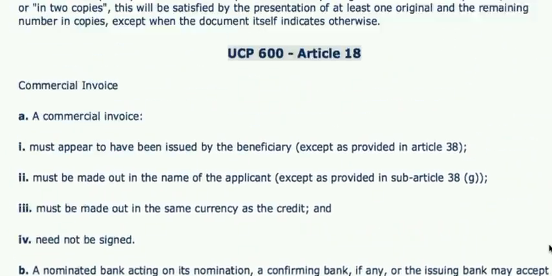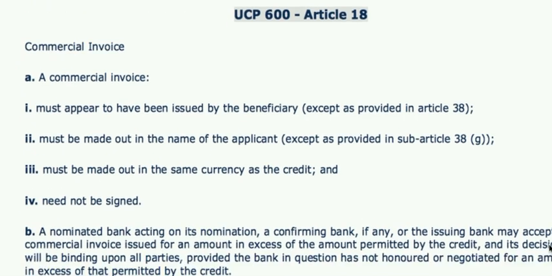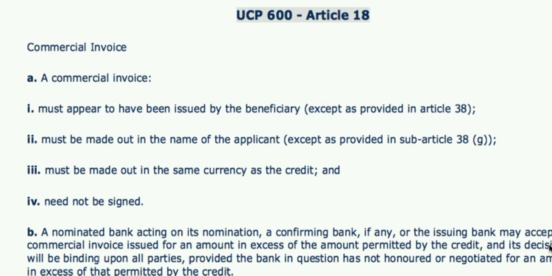Then Article 18. 18 speaks about the commercial invoice, how a commercial invoice must be. There are some exceptions as per Article 38, but subsequent articles speak about all types of documents, what type of document they should be.